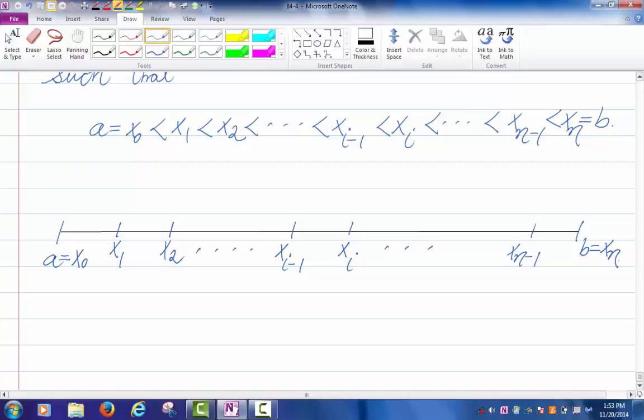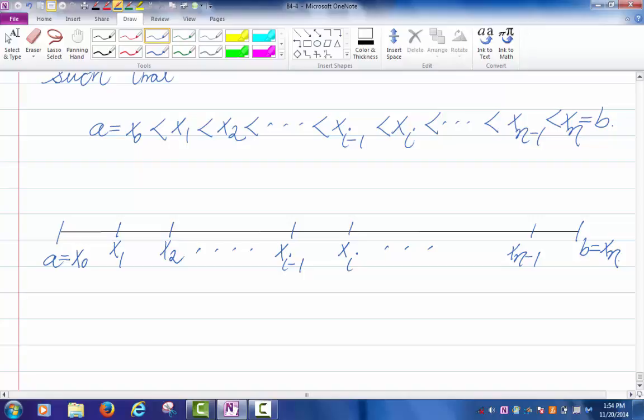I can just say student I has this property, and that says that all the students have that same property. Am I making sense? So that's why I'm using this notation xi and xi minus 1, so that I can talk about all these points in a general statement.